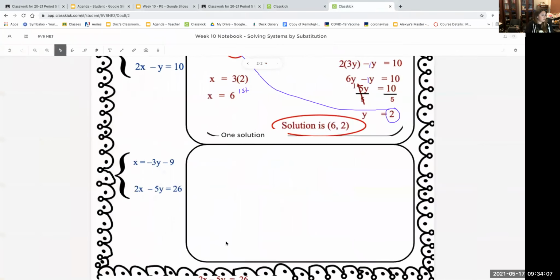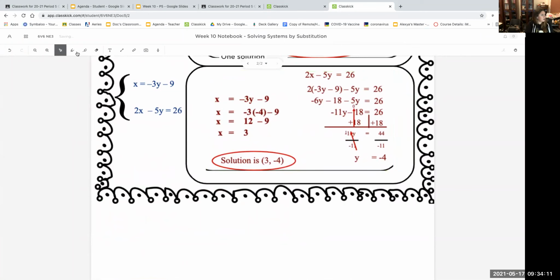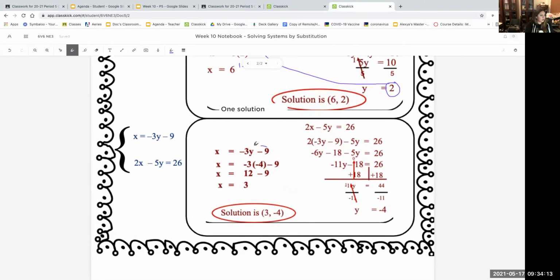So let's look at our stuff. Drag over that last piece. Again, we're going to grab this. Remember, we went wee and we plugged it into our x. We distributed. We combined like terms.